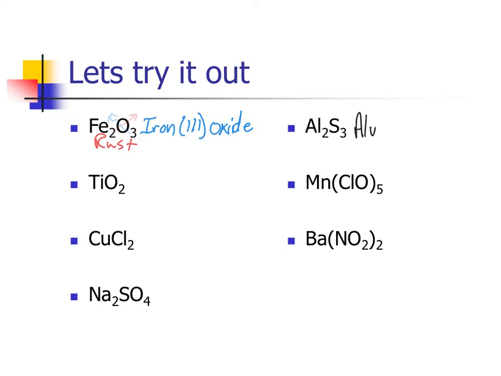And therefore, I can just write aluminum, and because I only have 2 capital letters, that S is not a polyatomic ion, and therefore it is sulfide.